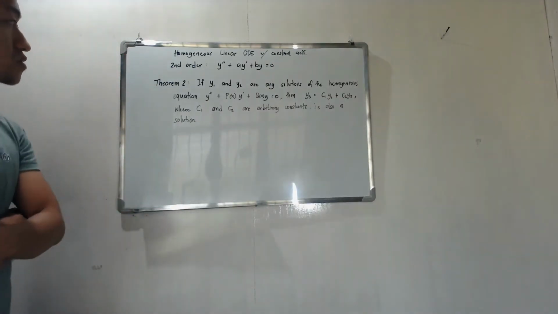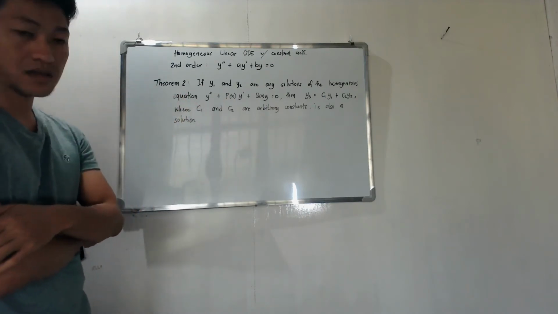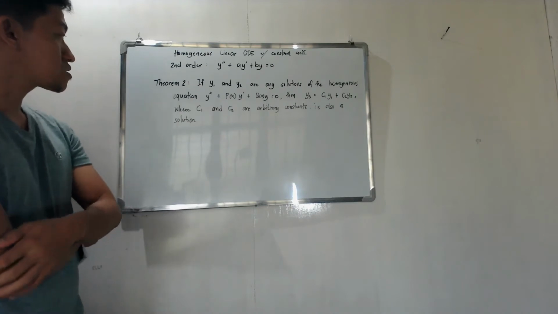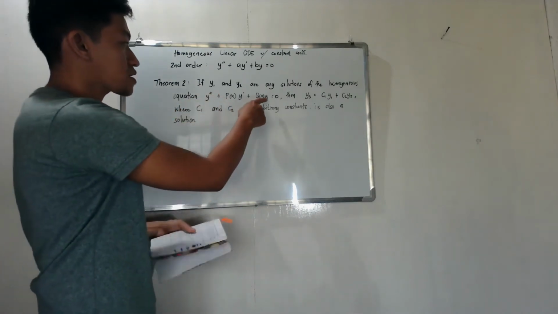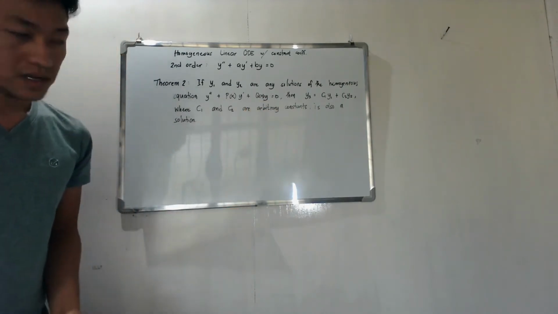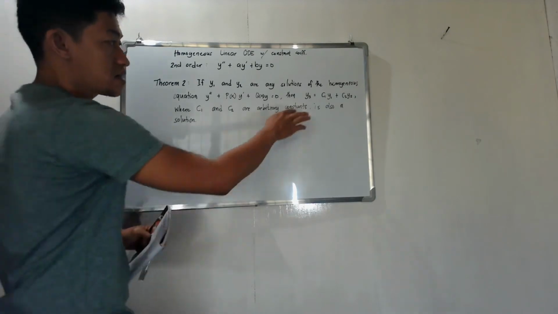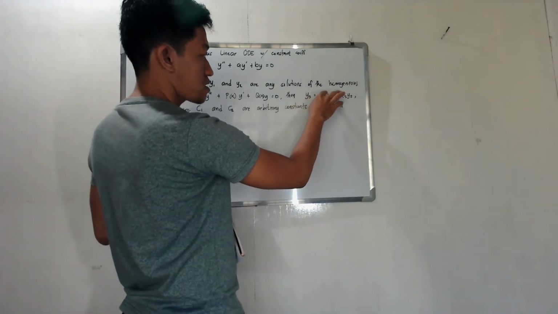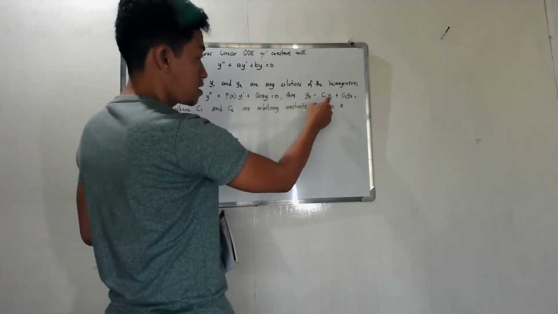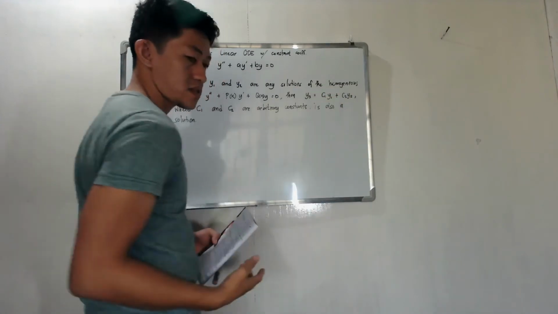Okay, theorem number 2 states that if y1 and y2 are any solutions of the homogeneous equation y double prime plus p of x y prime plus q of x y is equal to 0, then we can combine those solutions into this one, the general form y3 is equal to c1 constant times y1 plus constant times y2.